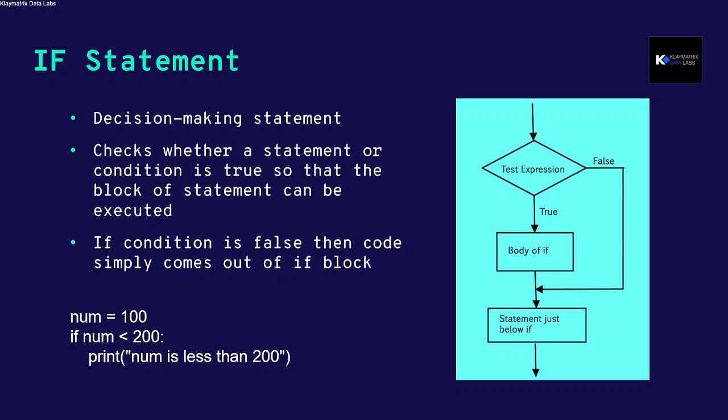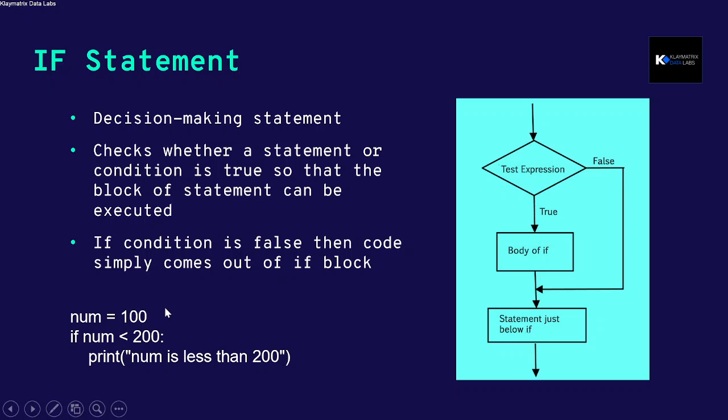So basically you check whether a condition is true or false. Like you could say if a is greater than b, and if the condition is true, then you run this. If it is false, then you come out of the body of the if statement, and then the next statement in the code will be executed, right?